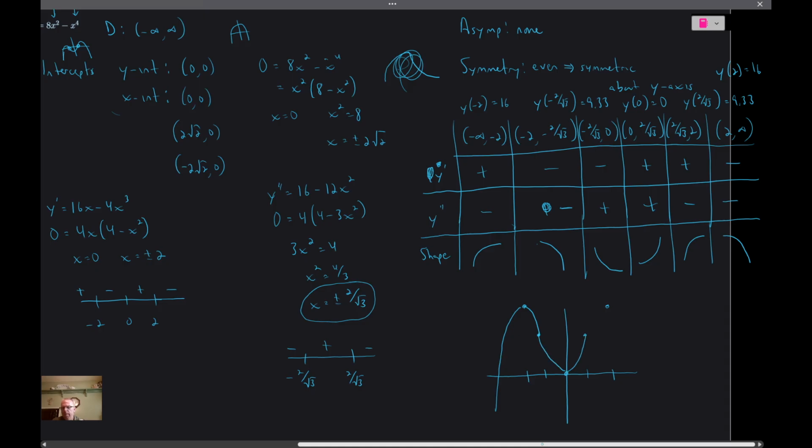Then we follow that shape. Then we follow this shape. And then we follow this shape. Like that. And 2 x-intercepts, negative 2 square root 2. That'd be negative 2, negative 1, 1, 2. And then this x-intercept would be 2 square root 2. Don't care if it's not actually proportional. It doesn't really matter. Mathematicians label things however they want it to actually be, not how they want it to look. All right, so that's how we do that.